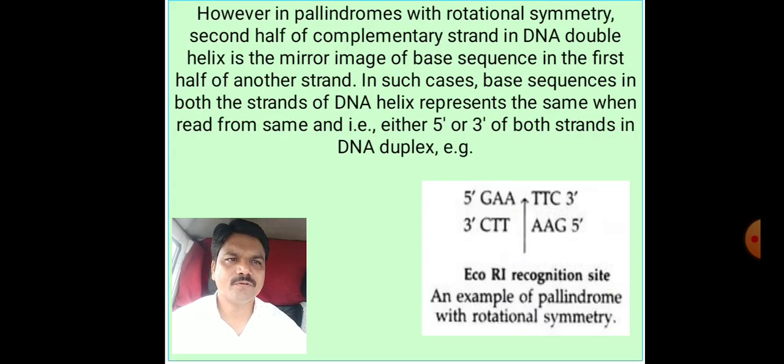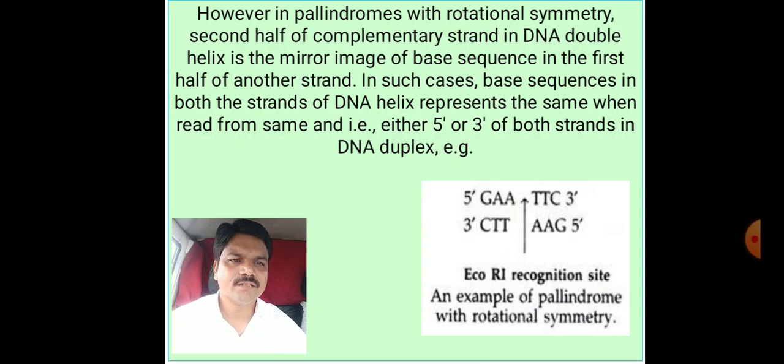However, in palindromes with rotational symmetry, the second half of the complementary strand in a DNA double helix is the mirror image of the base sequence in the first half of the other strand. In such cases, base sequences in both strands of the DNA helix read the same when read from the same end, either 5' or 3' of both strands in the DNA duplex.